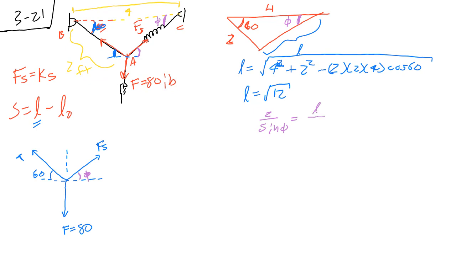So L goes with 60, so sine 60 over L, or square root of 12. So in the algebra, we rewrite that to solve for sine psi: sine 60 over the square root of 12.